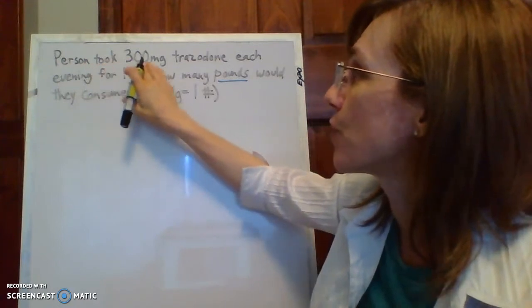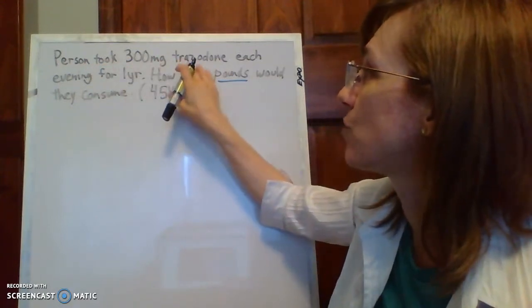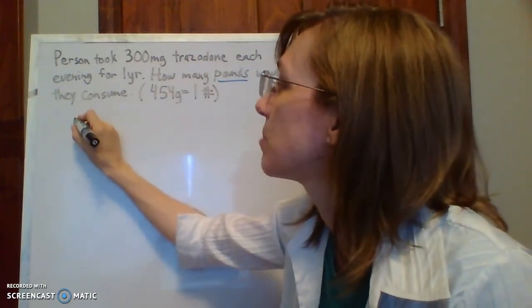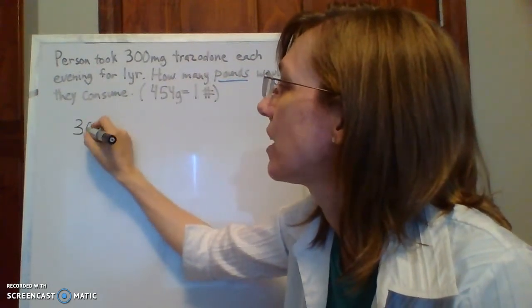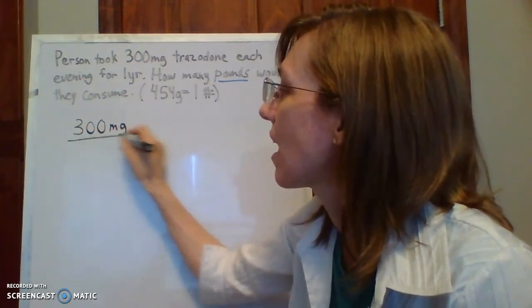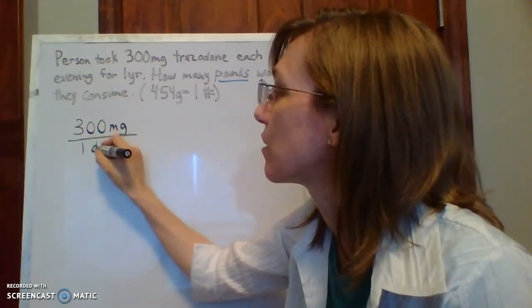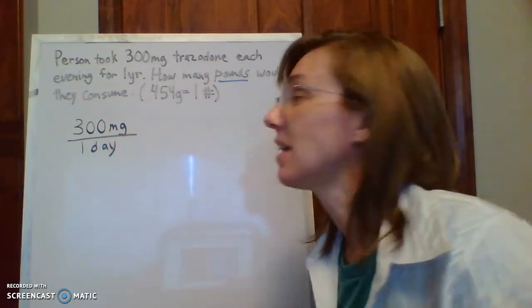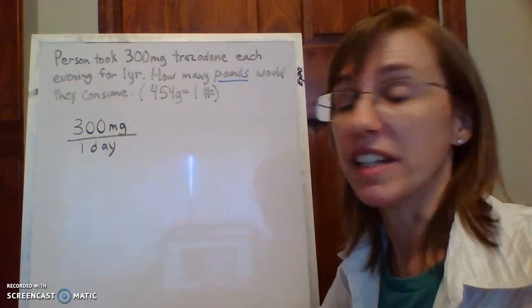The person took 300 milligrams of trazodone each evening. So that's a piece of information. They had 300 milligrams of this drug per day. Okay. And they say that they took it for 1 year.